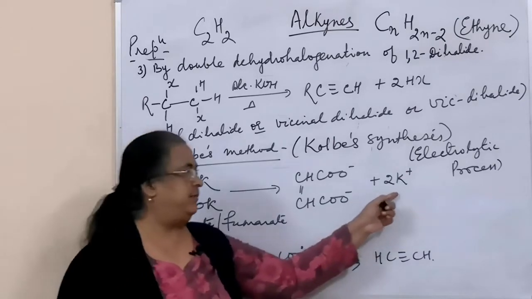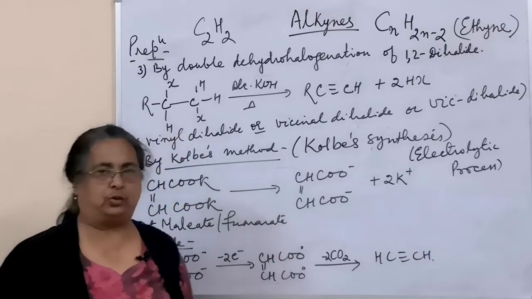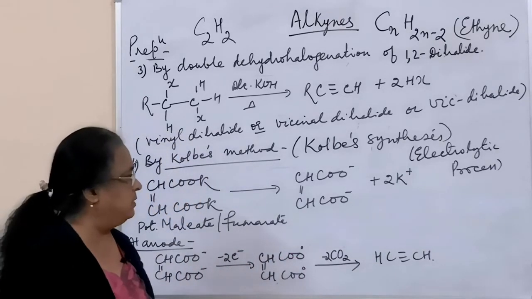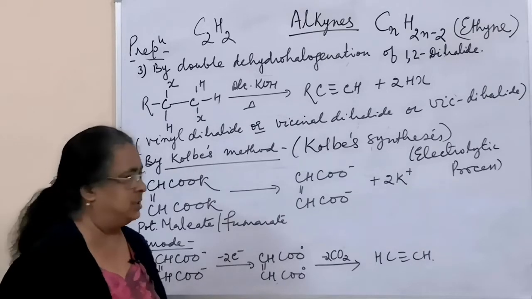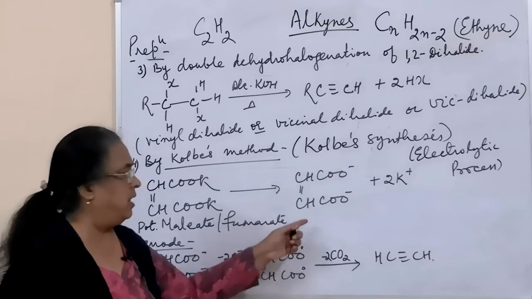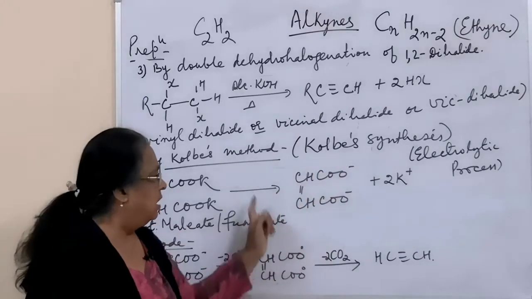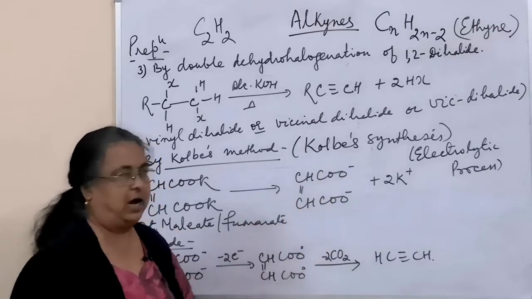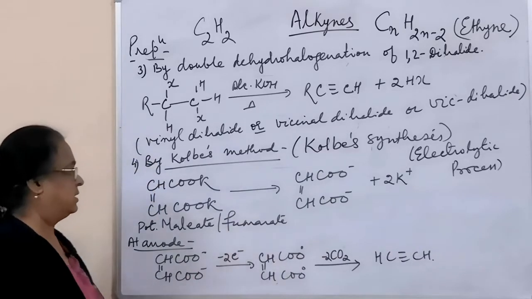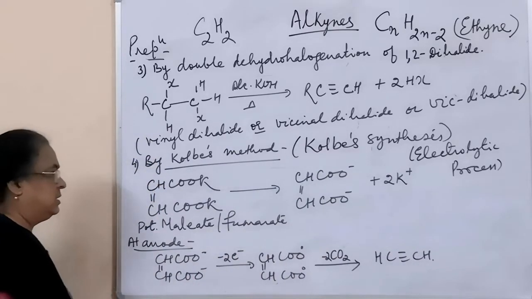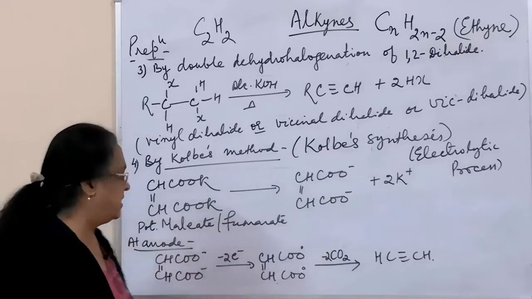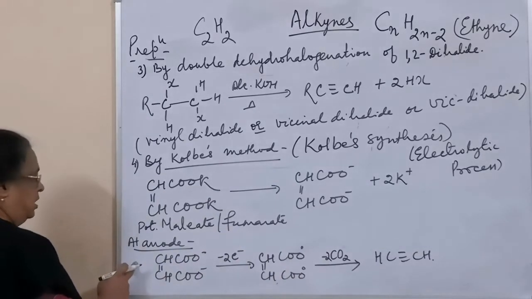The positive ion will be attracted to the cathode, but our aim is not the electrolysis. Our aim is to prepare acetylene, so only this part, which has the carbon, will give you acetylene. Since it is negatively charged, only the reaction at the anode is important.